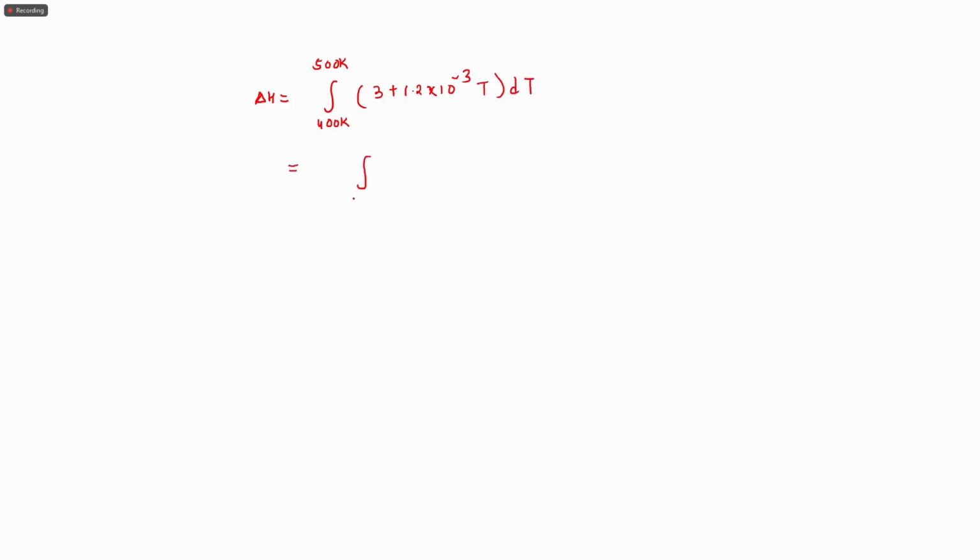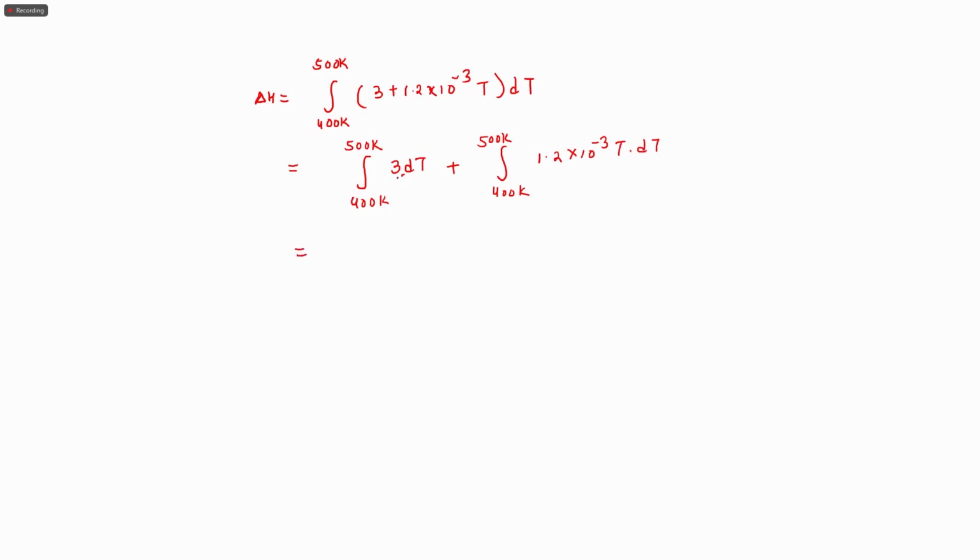So we will get the integral from 400 Kelvin to 500 of 3 dT plus the integral from 400 Kelvin to 500 of 1.2 into 10 to the power minus 3 T into dT. Okay.